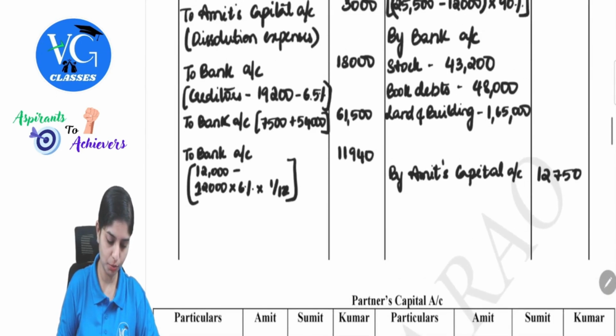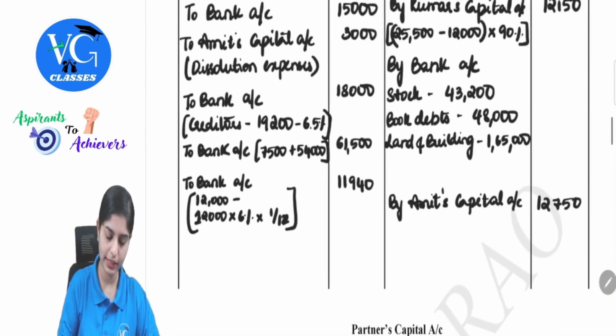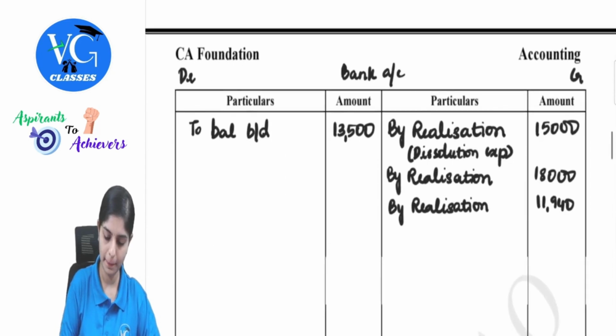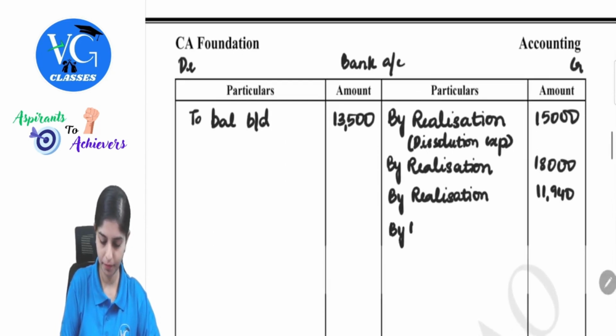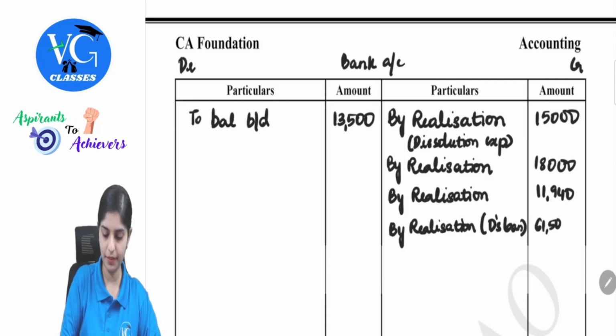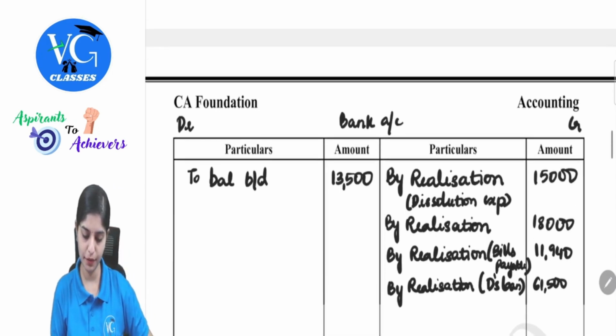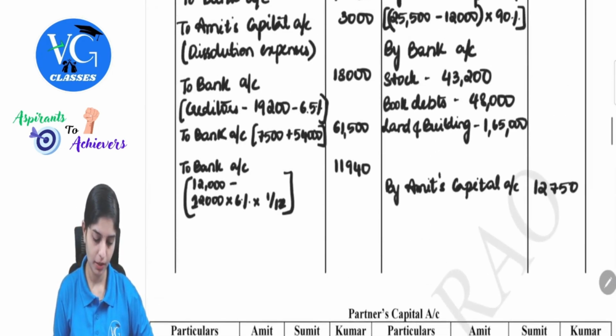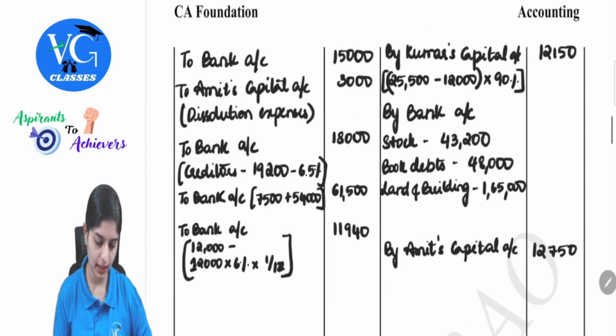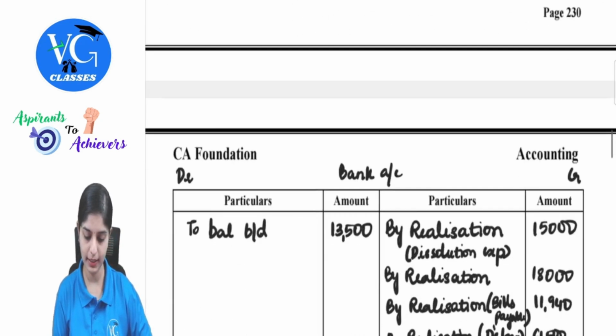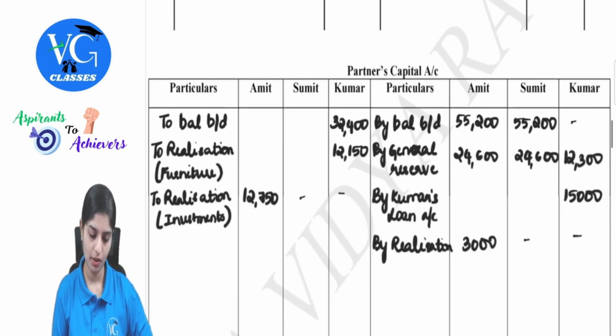With respect to loan of D, that is also not entered, 61,500. This is bills payable. So totally there were 15, 18, 11,940 and 61,500 entered.